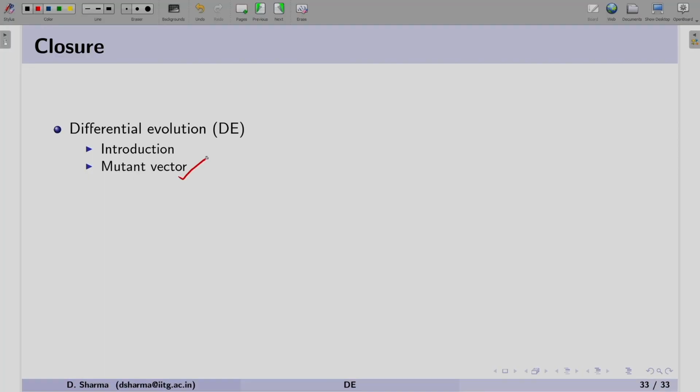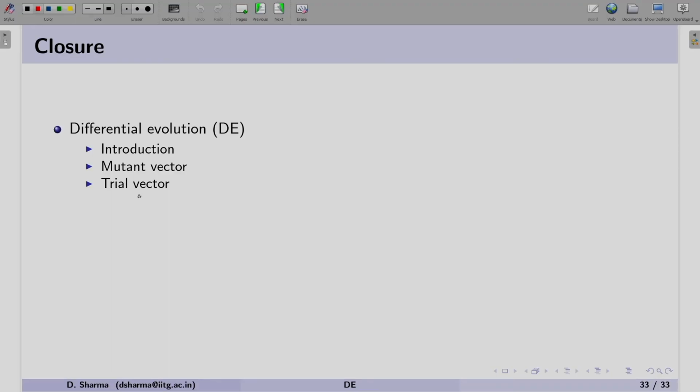Borrowing these two ideas, differential evolution came with the concept of the mutant vector. This mutant vector is generated by taking the difference of two randomly chosen vectors, multiplied by the scaling factor F, and this component is then added to a third vector for mutating the target vector.